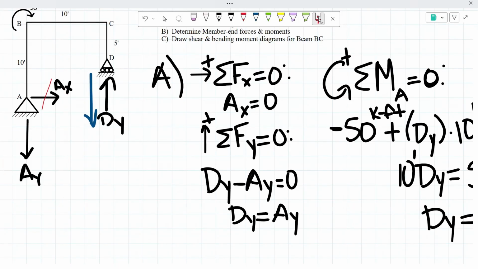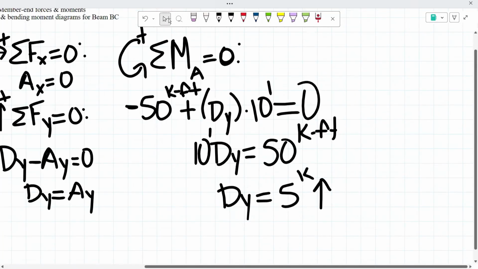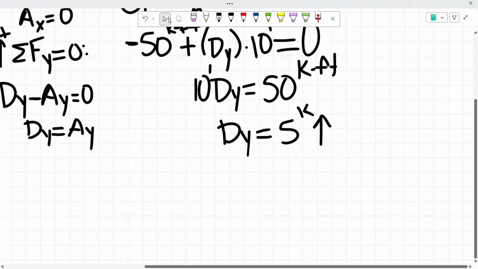Think of it as a steering wheel: when you pull down on that steering wheel, you end up making it go clockwise. So since it's going clockwise, that would be negative, so that would have changed the sign right here. It would have been a negative. So that would have changed your answer to D sub y equals negative 5 kips going downwards. So it would have looked something like this instead.